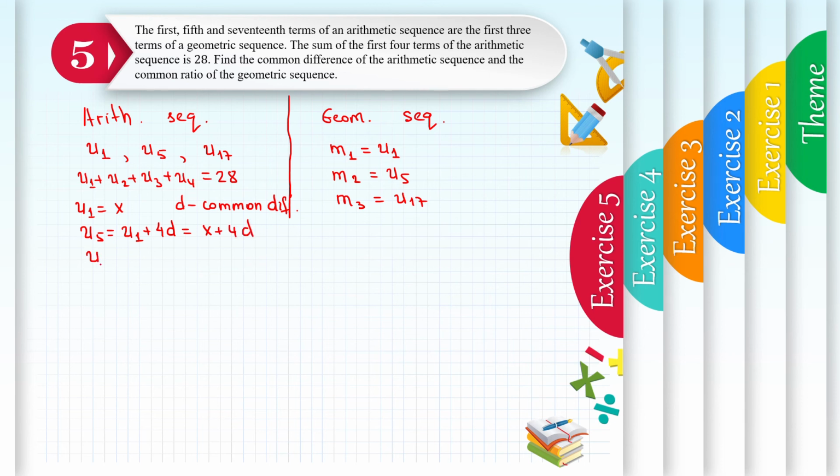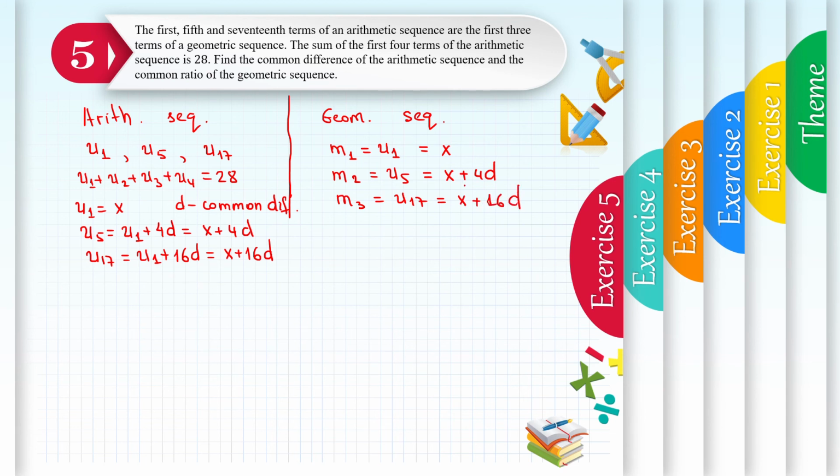Next, the 17th term, being equal to the first plus 16 times d, will be equal to x plus 16d. So the first term of our geometric sequence is x, the second term is x plus 4d, and the third term is x plus 16d.